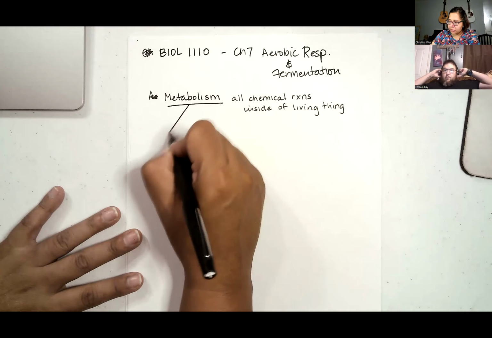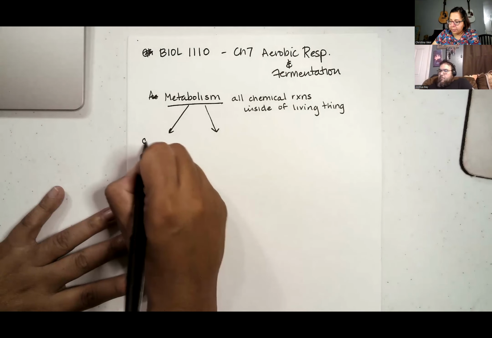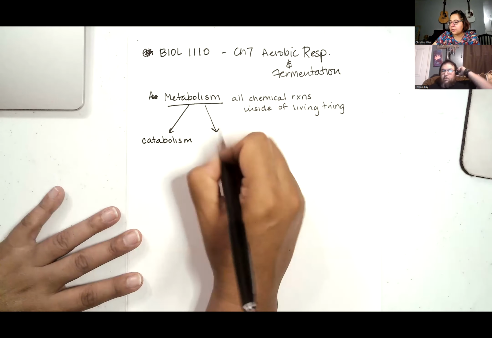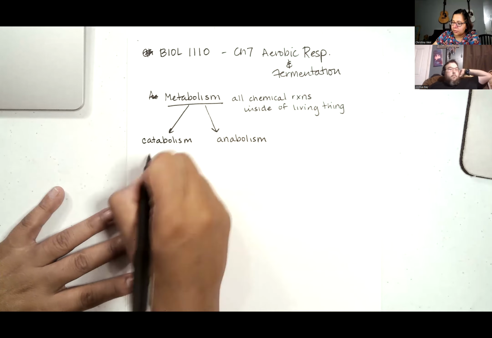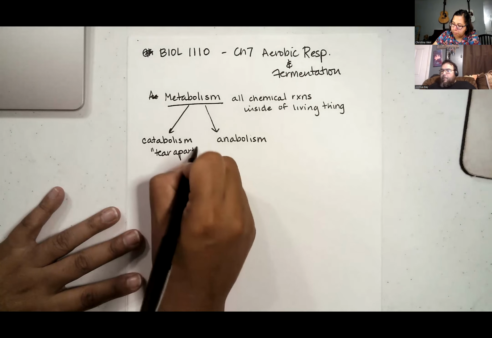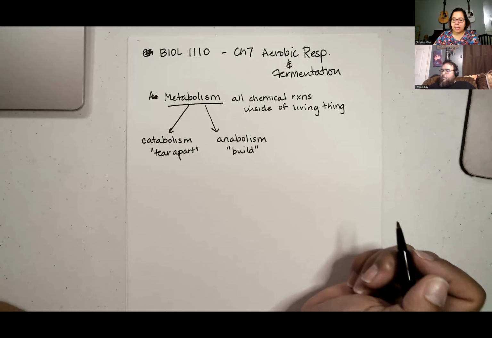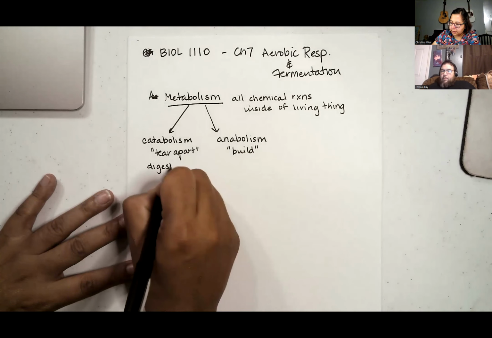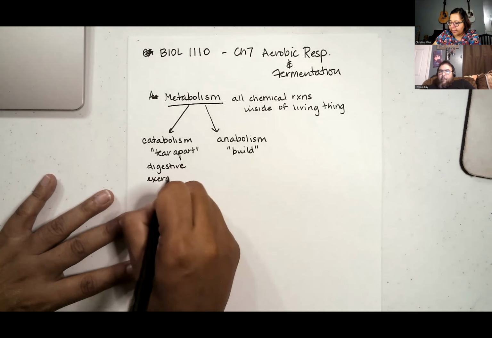Remember that metabolism has two parts. There's the part that breaks things down, your catabolic reactions or catabolism, and then there are the reactions that build, or the anabolic reactions. So these tear apart and these build. Other names for these types of reactions: you can call them digestive reactions, or exergonic reactions.